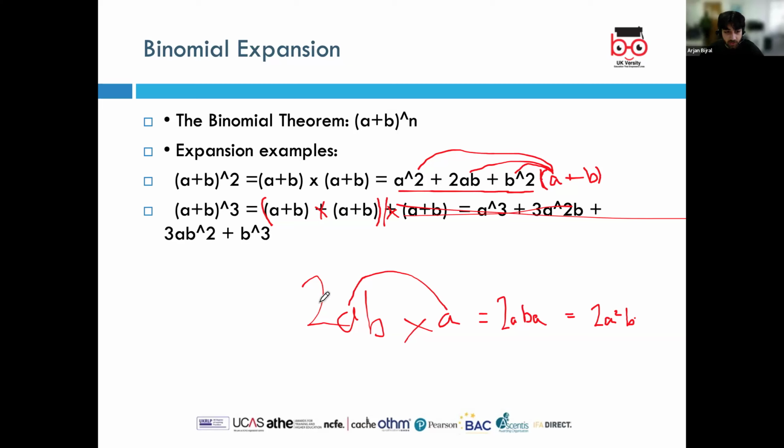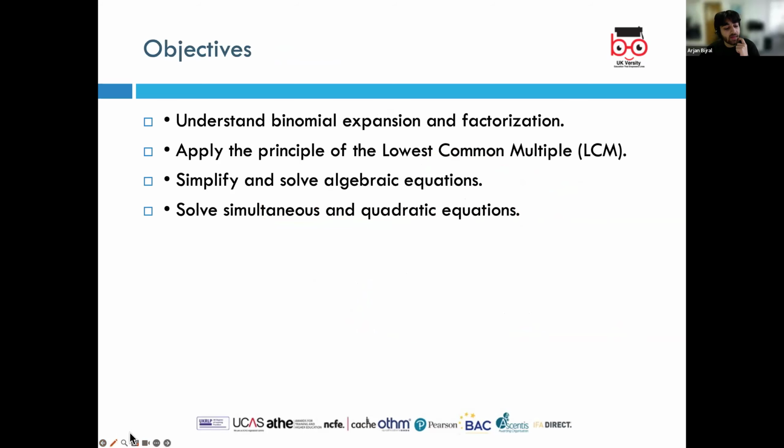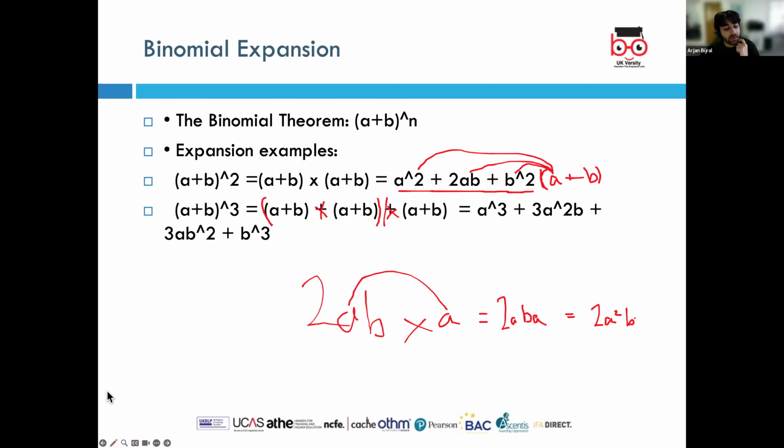So then we've got the 2A squared B. How I would do it is honestly get another bracket. So we've done A times A squared, and that's A cubed.